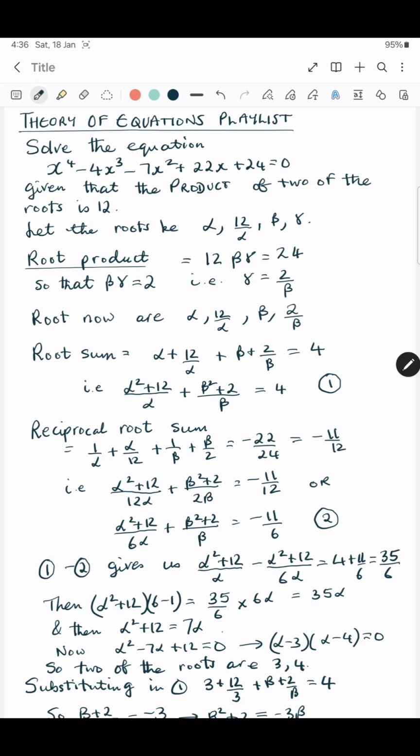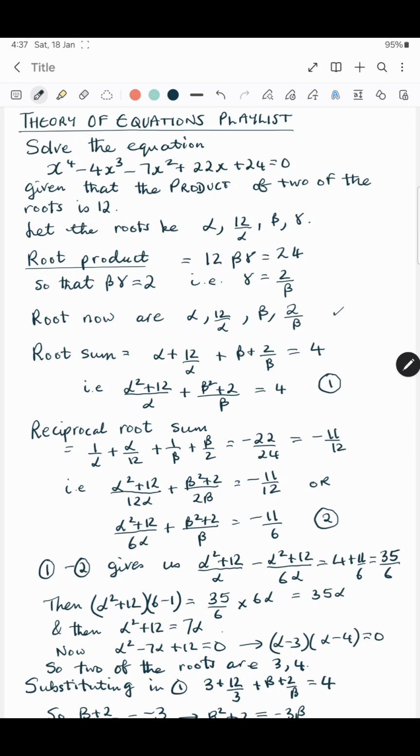So the root product then will be 12 beta gamma, and that's got to equal 24. So that beta gamma is 2. In other words, gamma is 2 over beta. So the roots can now be written as alpha, 12 over alpha, beta, and 2 over beta.